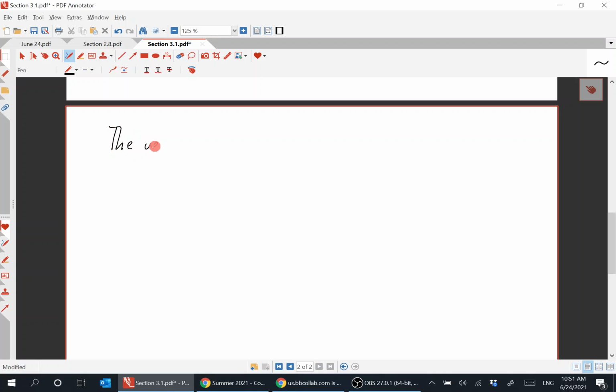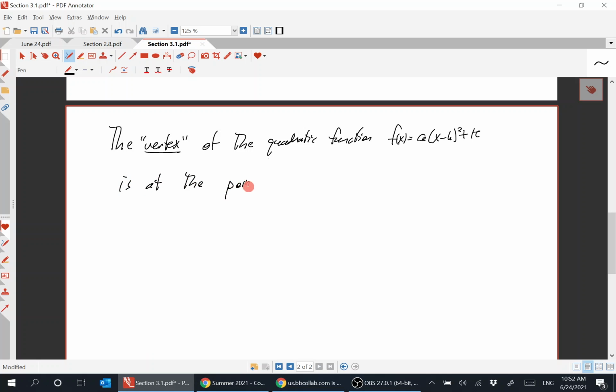So the vertex of the parabola or quadratic function f of x equal to a times (x minus h) squared plus k is at the point x equal to h, y equal to k.